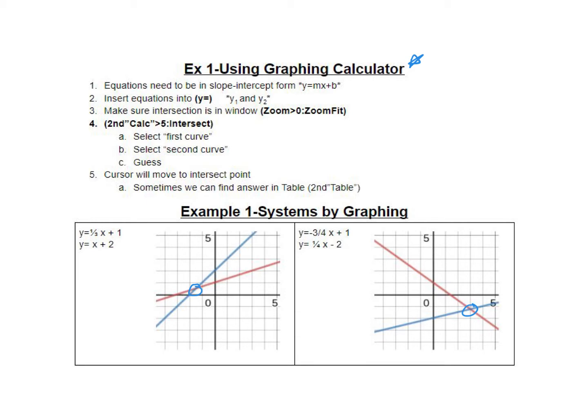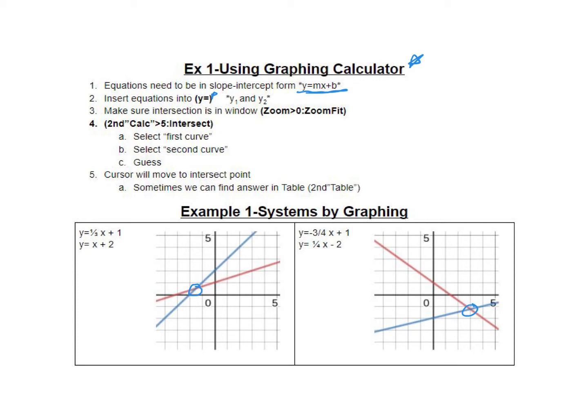The steps are: first, make sure the equations are in y equals mx plus b. It's important that we remember how to convert them back to y equals mx plus b if they are not given to us in that form. In the y equals screen on your calculator, there's a y1 and y2 that we're going to use.